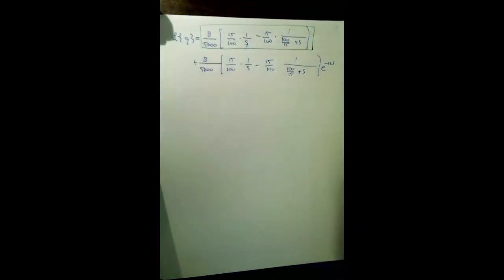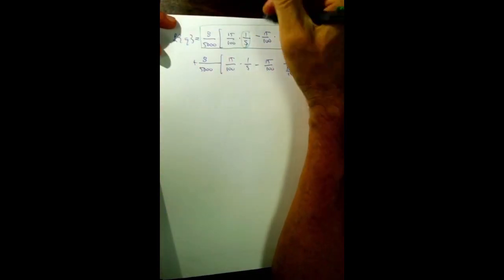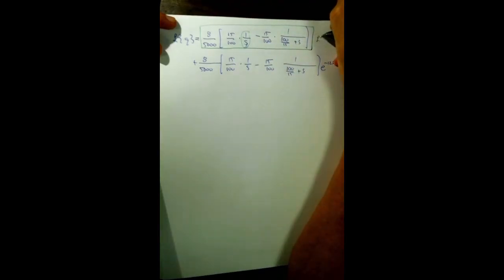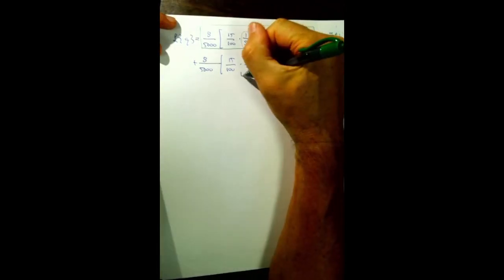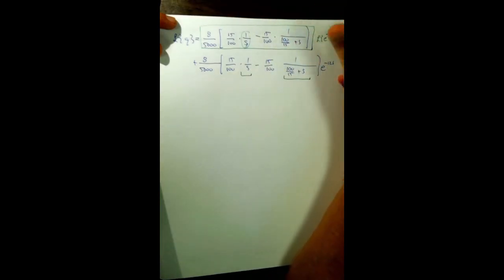This one is just a regular, straightforward inverse Laplace transform, right? That's going to give me 1. Laplace transform of 1 is that. And that looks like the Laplace transform of e to the minus 100 over 15 t. Here it's going to be the same thing, but because of that term, I'm going to have a step function of t minus 12. And so this looks like 1.